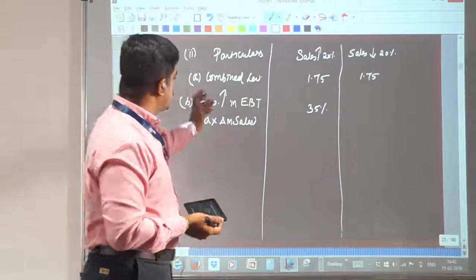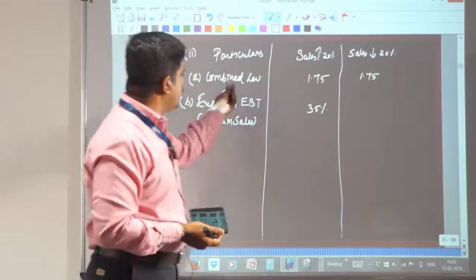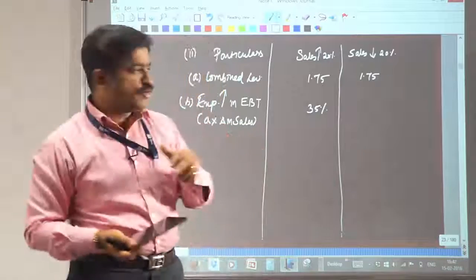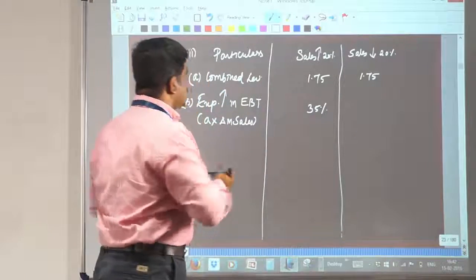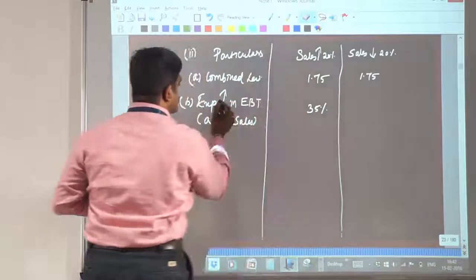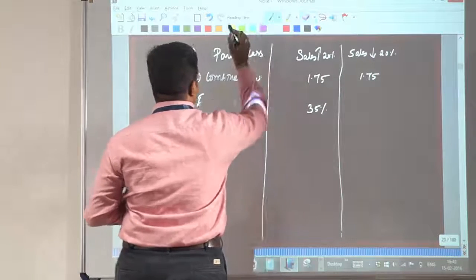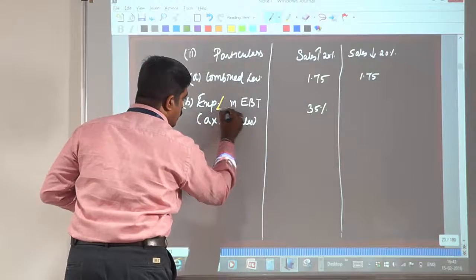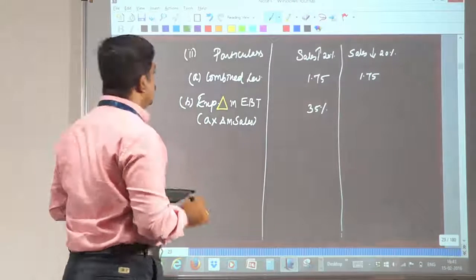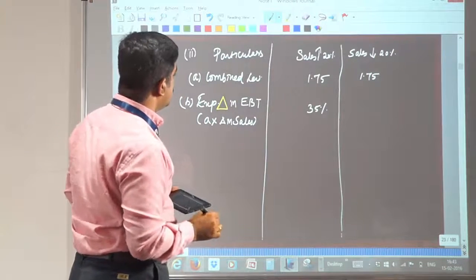So instead of increase, let me call it expected change, because we have increase as well as decrease. I'll use a different color. I'll say expected change in EBT.